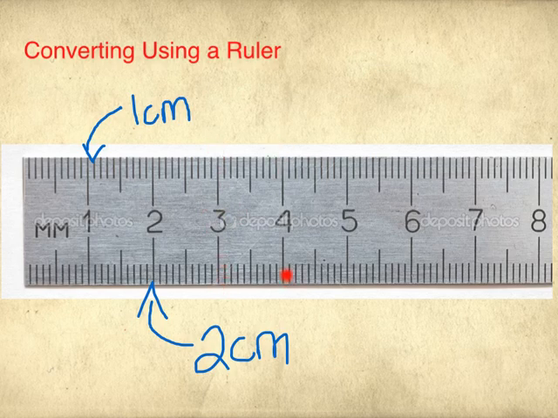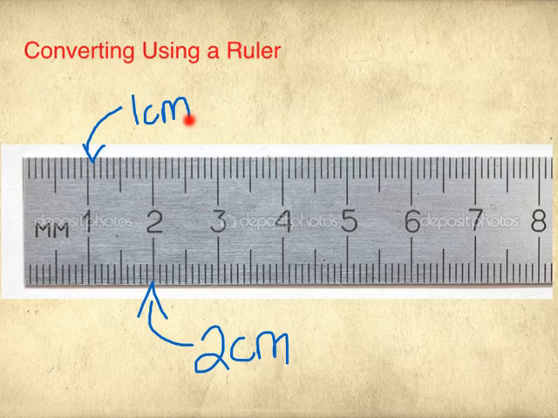Let's go back to the numbers that we were just comparing. So we said that this line here is 1 centimeter. However, if we look at the smaller lines, we can count off millimeters.